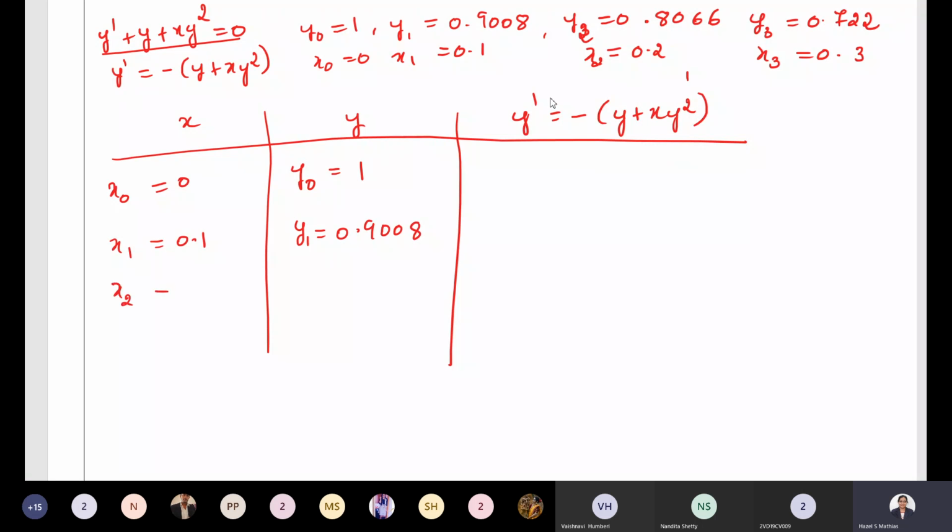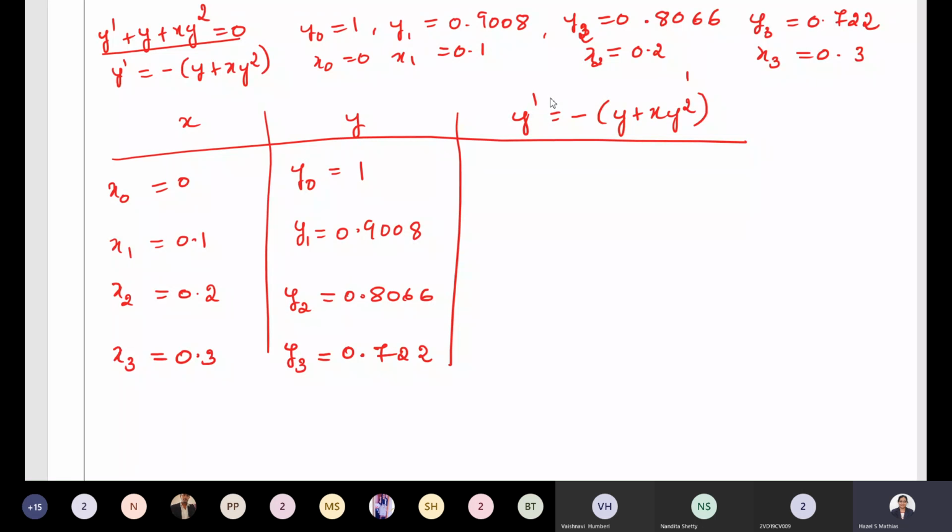Then x2 value is given, it is 0.2. So what is y2 value? It will be 0.8066. Next, what is x3 value? 0.3. What will be the corresponding y3 value? 0.722. So these are the things which are given to us.